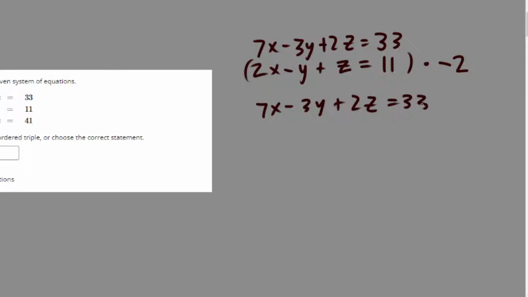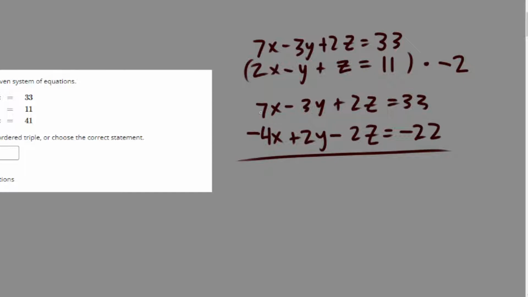And now I'll times the bottom by negative 2, which gives me negative 4x plus 2y minus 2z equals negative 22. Now I add these two together, so it's very similar to elimination. 7 minus 4 is 3, so 3x. Negative 3 plus 2 is going to give me negative y. The z's will eliminate, so plus 0 is equal to 11.